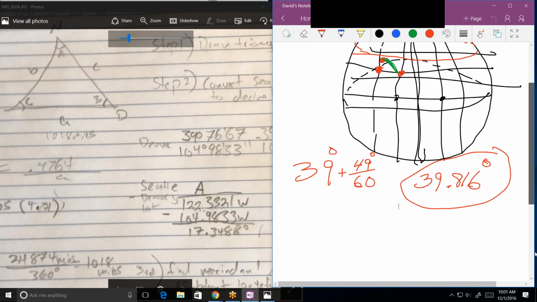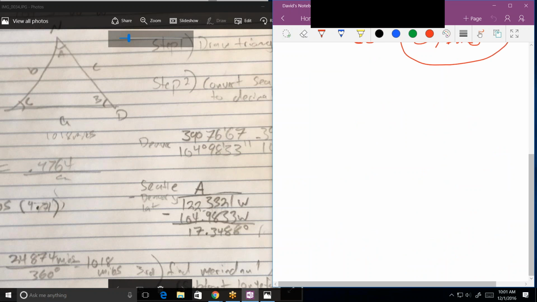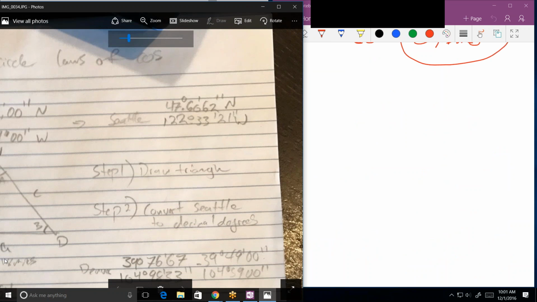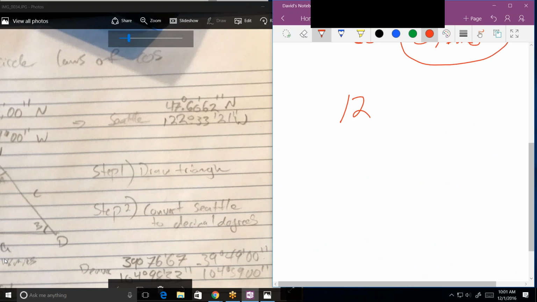Sure. So if we're converting Seattle's 122 degrees, 33 minutes, 21 seconds, here's how I'm going to convert that to a decimal.